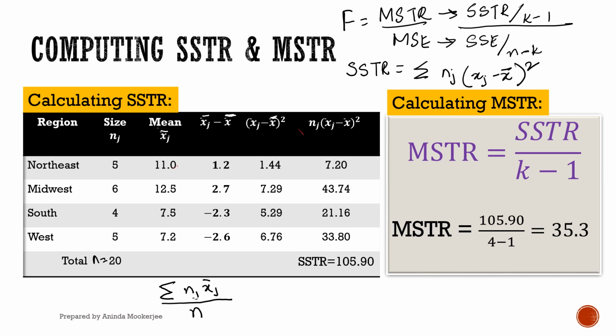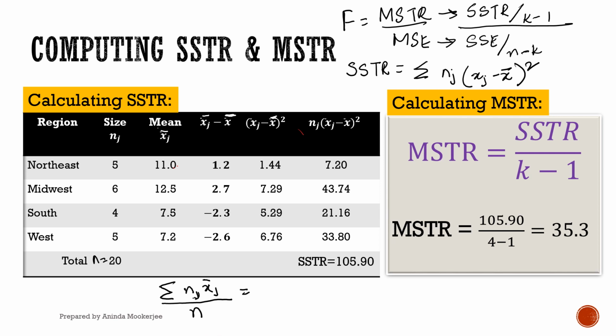So what this means is, we need to take each sample mean and multiply by its corresponding sample size, and then add them all up and then divide by the total n. So this is how it's going to run here.